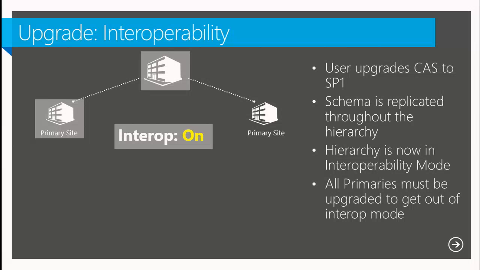Until you get up to SP1 all throughout your hierarchy, you cannot create the object. And in fact, it's not going to be until we upgrade all of the primaries that we finally get to a point where all of the functionality is available. Now you can see it, so you can get a feel for what the console looks like and some of the new elements there. You just can't create it until everything is brought up to speed.